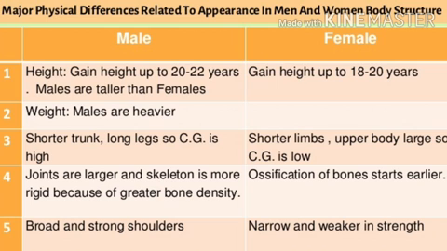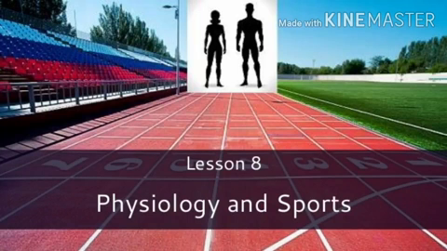Second is vertebra, legs and knees. Now we will discuss the difference in the vertebra, legs and knees. The vertebra in females is usually long, but their upper and lower limbs, meaning hands and legs, are proportionately smaller, whereas the vertebra, hands and legs of males are longer when compared to females.